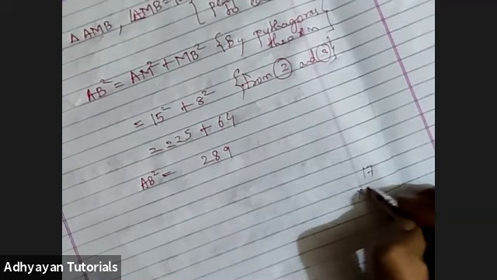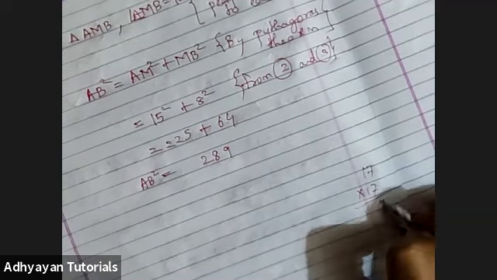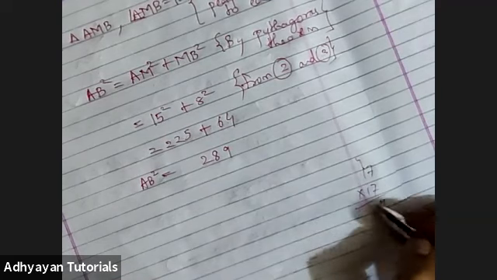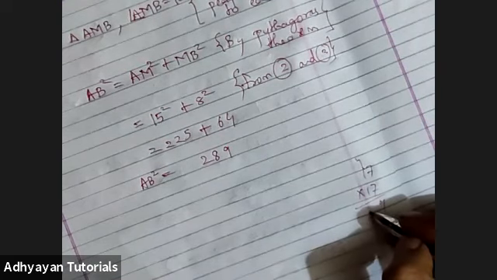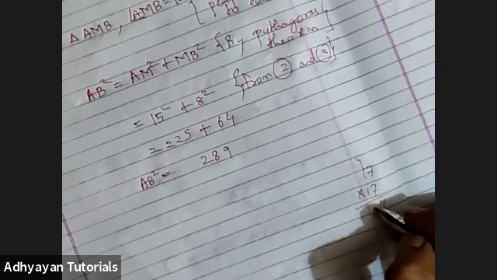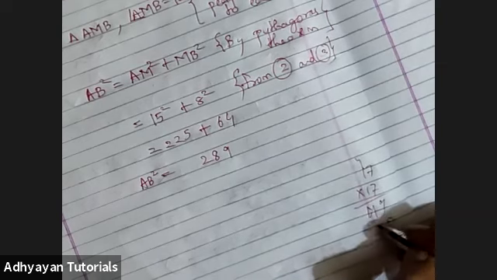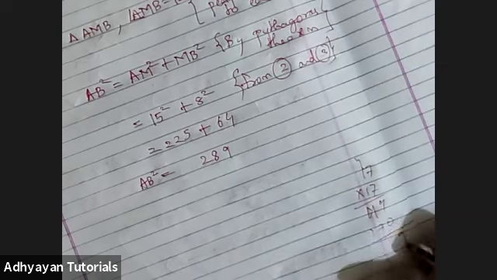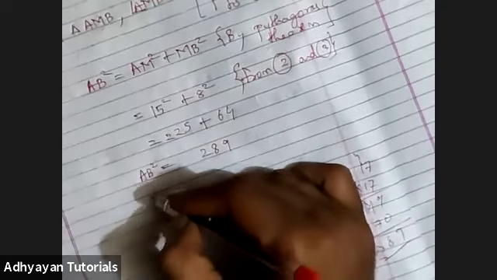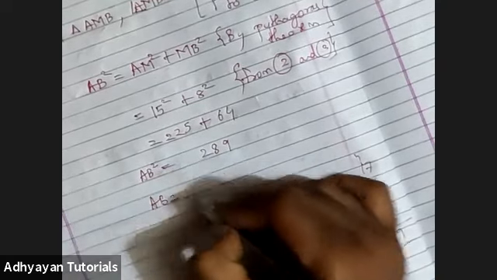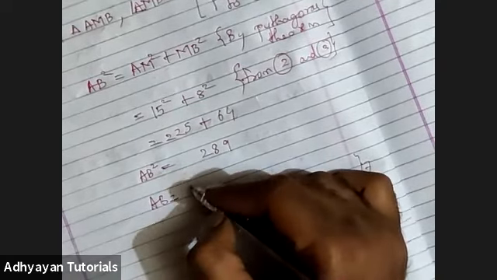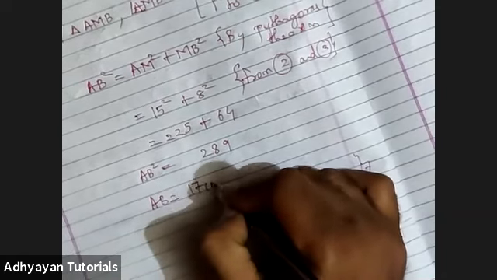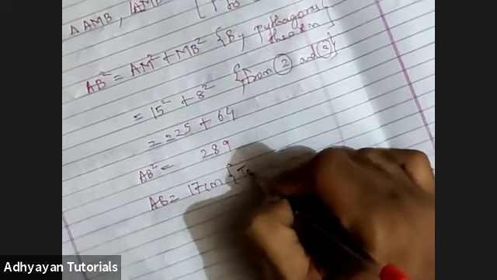Maybe, yeah, 17 into 17. Yeah, it's correct. So taking the square root, the answer here is 17 centimeter.